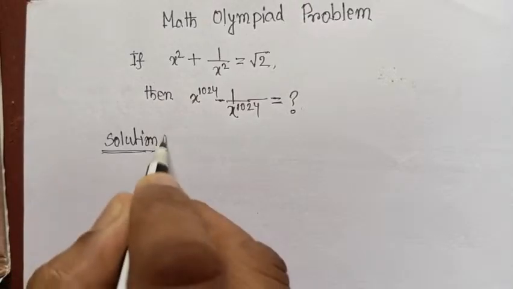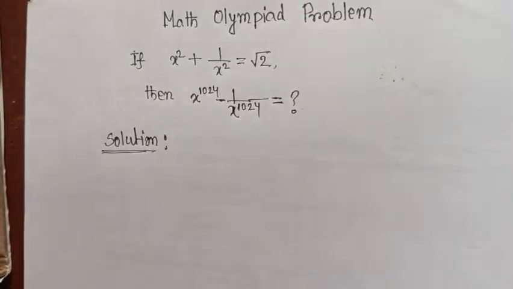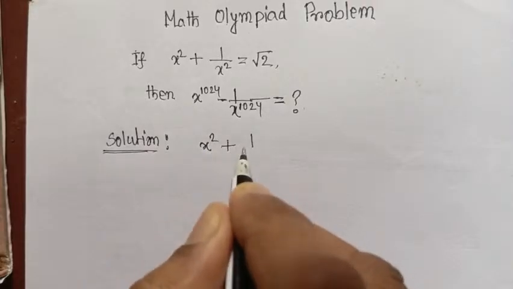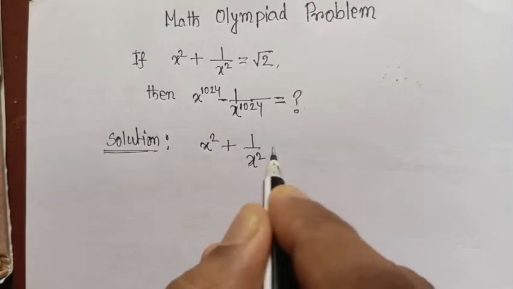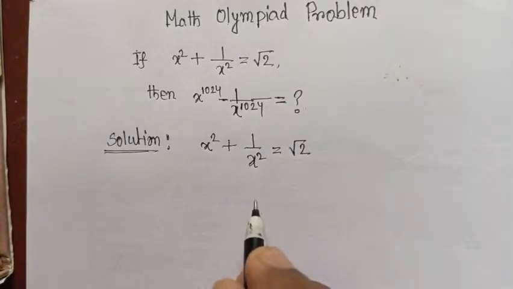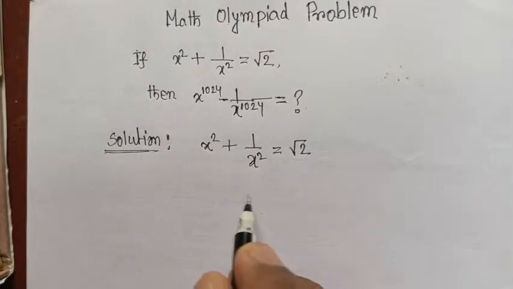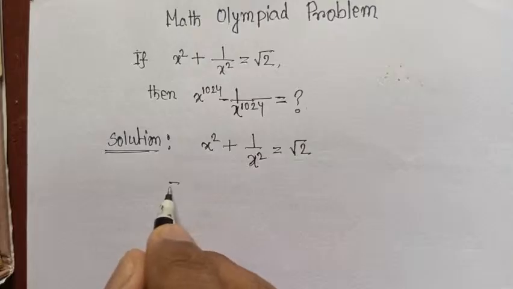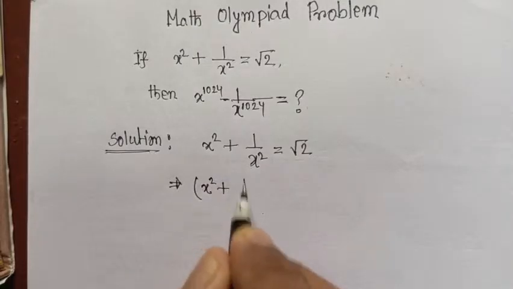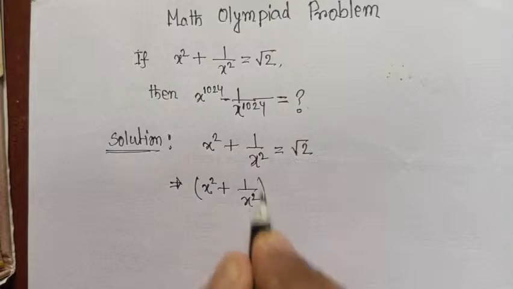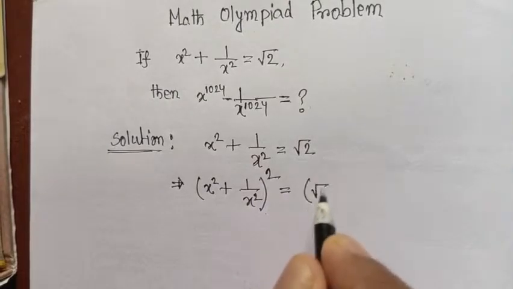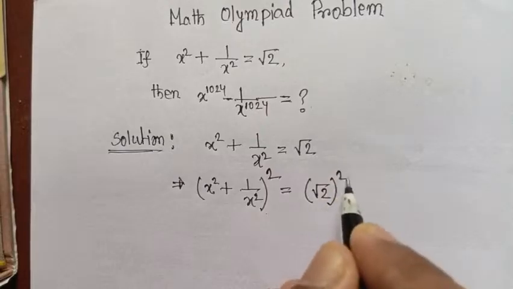So for this, we first write the above equation again and square both sides. Hence we get (x square plus 1 by x square) whole square is equal to root over 2 square.